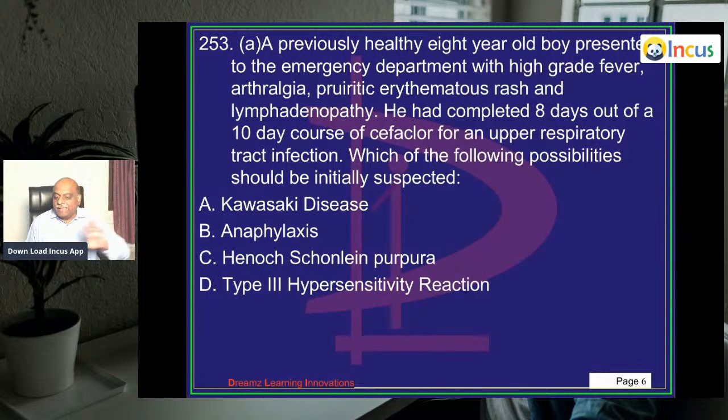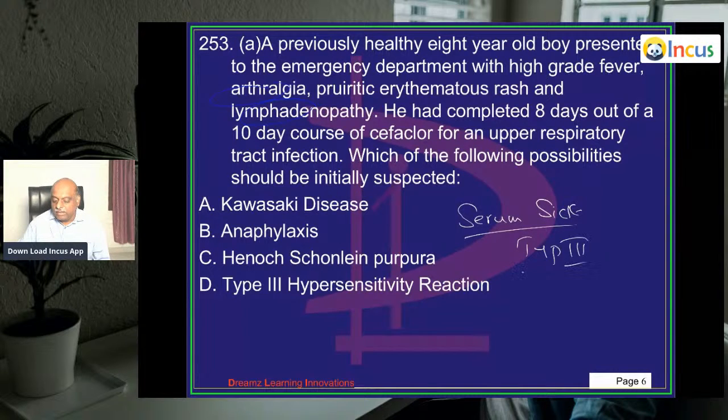A previously healthy 8-year-old boy comes with arthralgia, lymphadenopathy, erythematous rash. He has completed an 8 day course of Cefaclor. So that is an important clue. There is something called serum sickness-like illness, which is typically a type 3 hypersensitivity with immune complex formation.